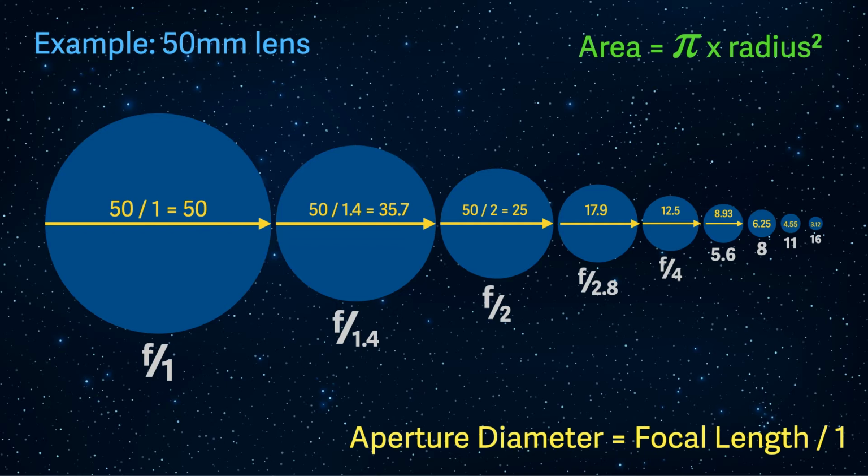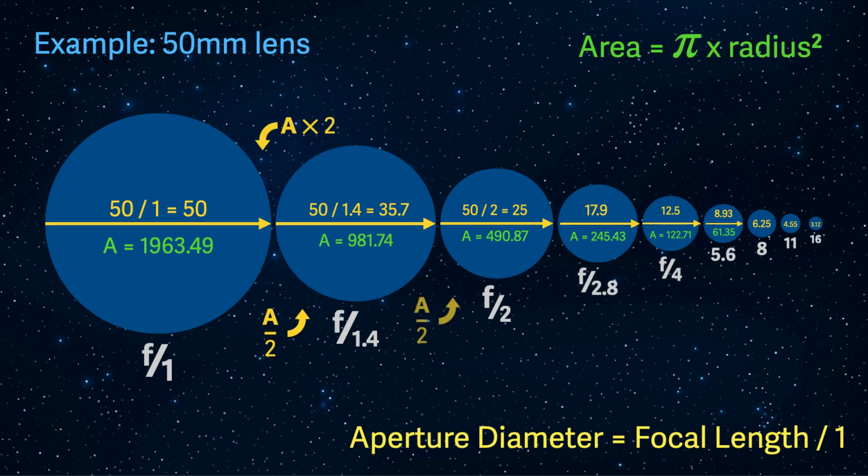If you take the focal length of a lens and divide it by each of the numbers in the aperture scale sequence, so 1, 1.4, 2, 2.8, 4, etc., you will get diameters for circles where the area of each circle in the sequence is half the area of the circle that precedes it. Once again, if we move from the left to the right, the circles are halving in size. If we move from the right to the left, the circles are doubling in size.